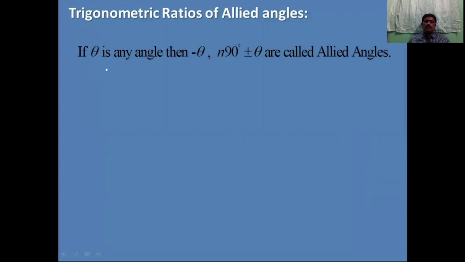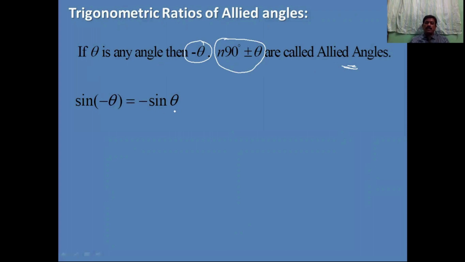If theta is any angle, then minus theta form as well as n into 90° plus or minus theta are called as allied angles. So sine of minus theta can be written as minus sine theta. The same way we can use it for cosecant, and we can write cosecant of minus theta equal to minus cosecant theta.